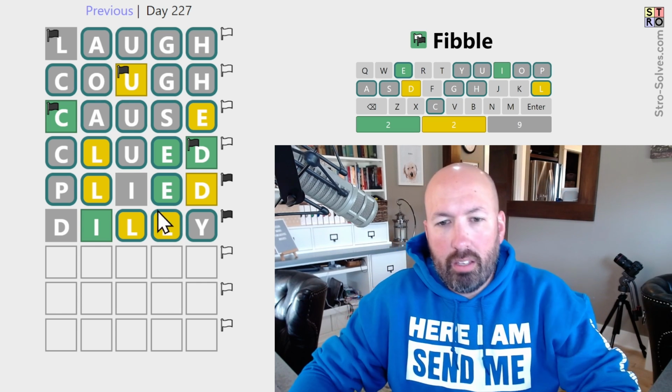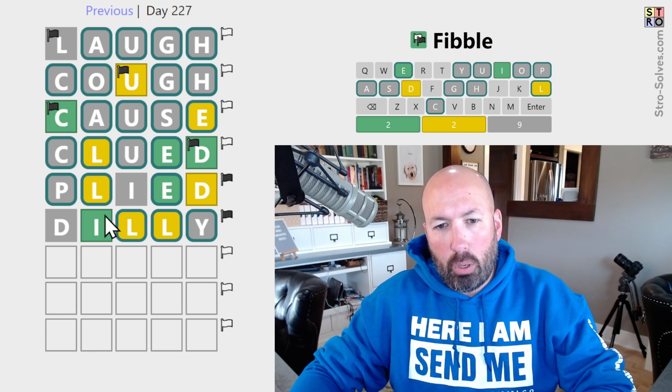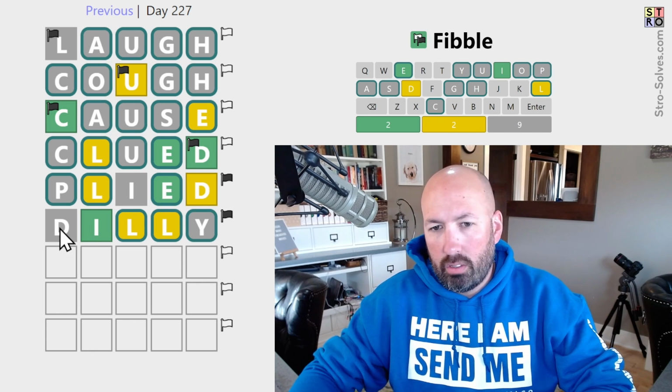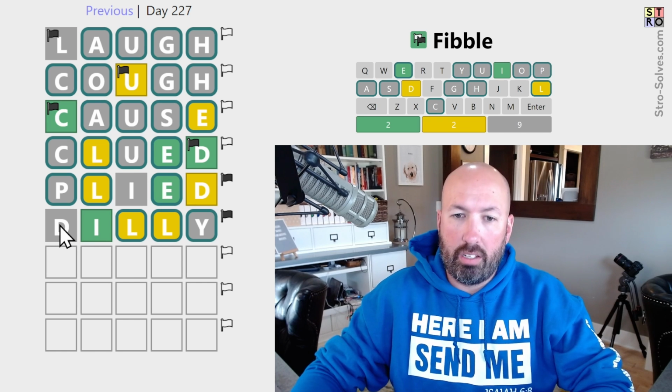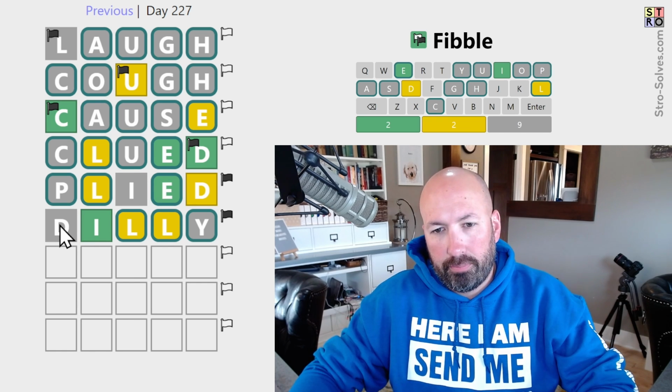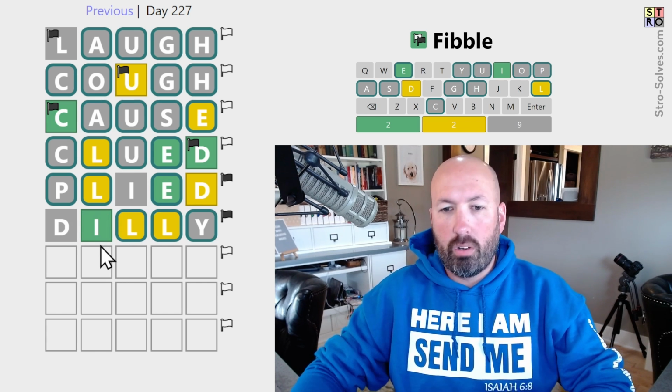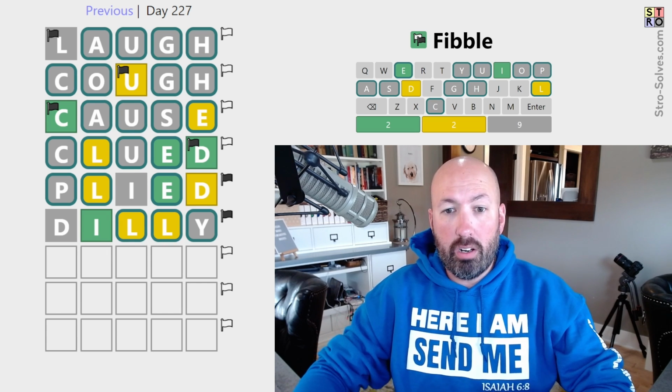Is there any way possible that both those D's are true? No, because if the yellow D is true, there's a D in the word, which would mean you can't have a gray there. And the I's, there's no way that they could both be true, again, for the same reason. So there's two L's in the word.